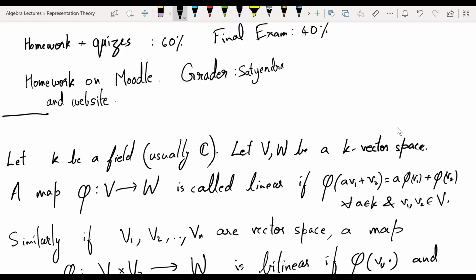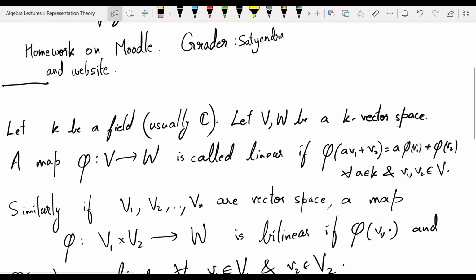And for some results, you also need that field to be algebraically closed. So we will think of it as complex representations, meaning our vector spaces will be complex vector spaces. Our K will be C.